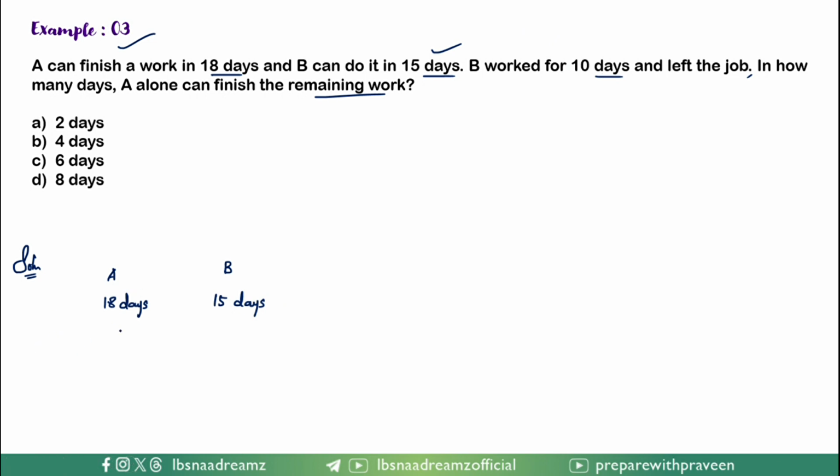So now we will find the efficiency. To find efficiency, we need to find the LCM first. 18, 15. So totally there are 90 works.